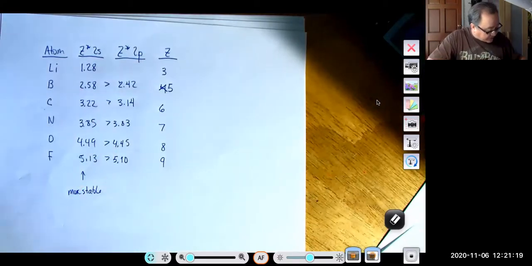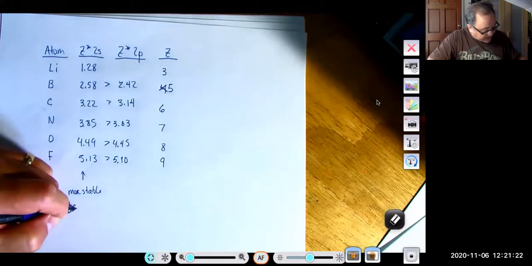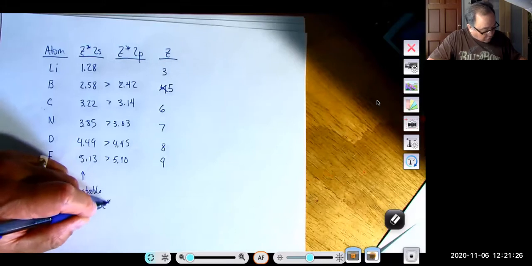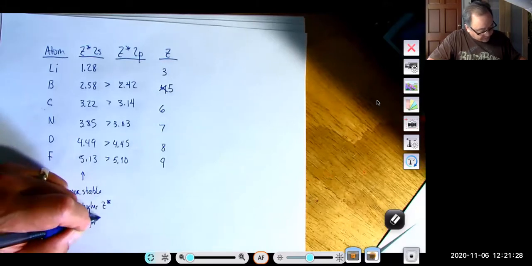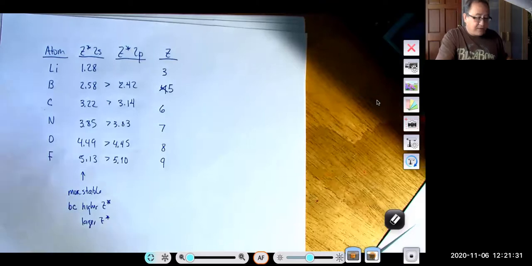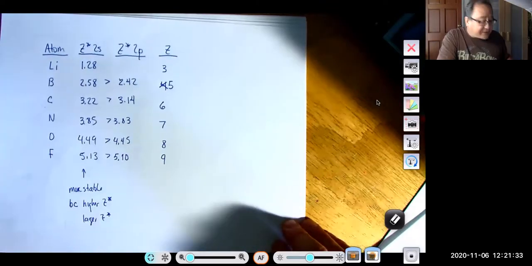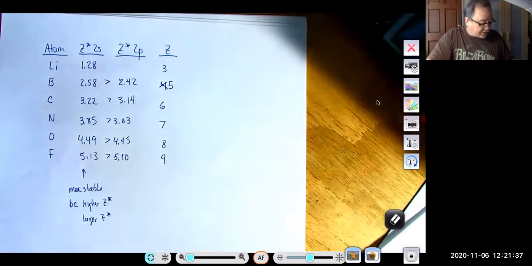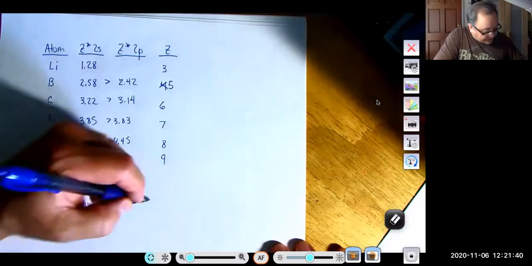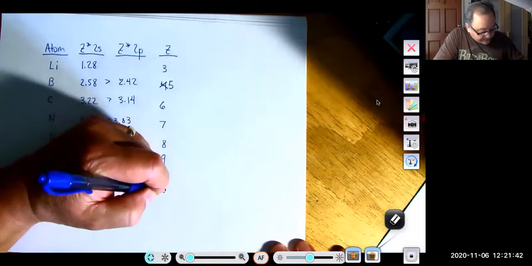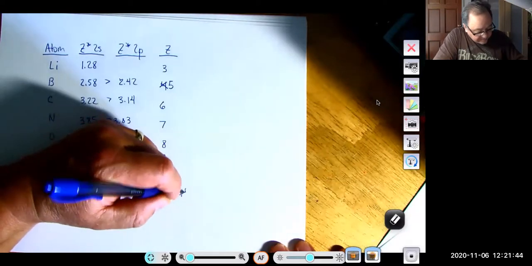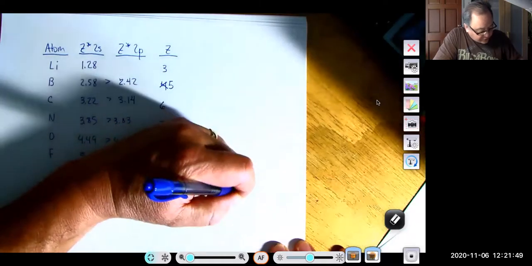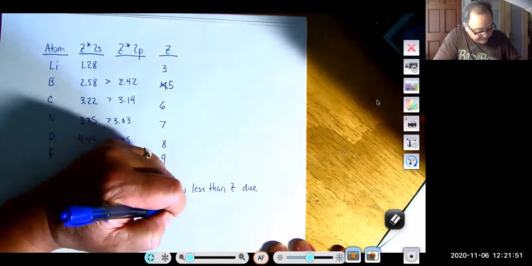Okay, more stable because it has a higher Z effective or larger Z effective, whichever word you want. And notice that the Z effective is always less than the actual Z because of screening. So the Z star is always less than Z due to screening.